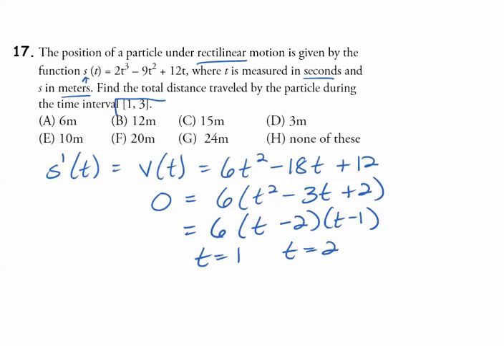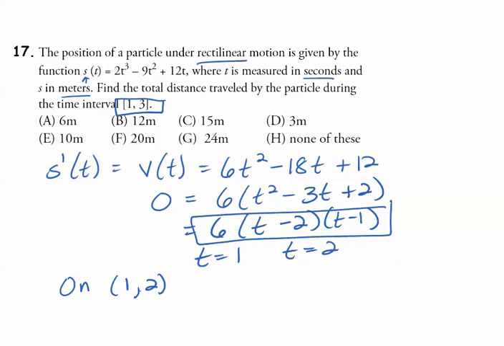Now, we're only interested in the interval from 1 to 3. On the interval from 1 to 2, look at your velocity function in factored form right here. If we put in a number like 1.5, we can see that we have 6 times a negative times a positive. So the velocity is negative.